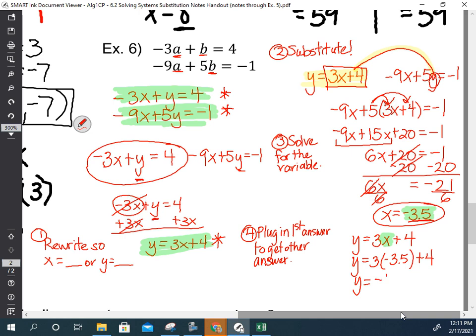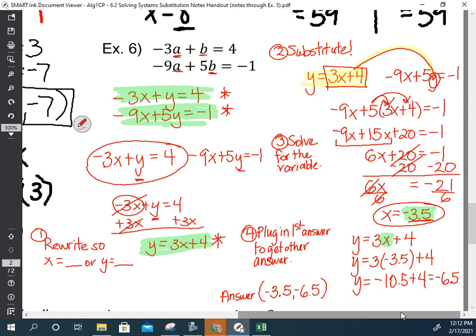So that's negative 10.5 plus 4, which is negative 6.5. So that means your final answer is negative 3.5, comma, negative 6.5.